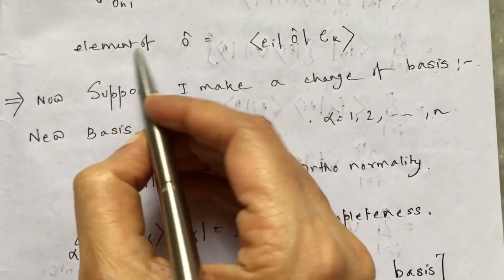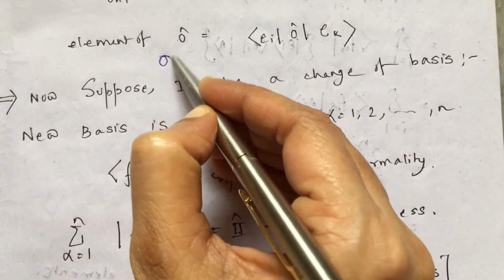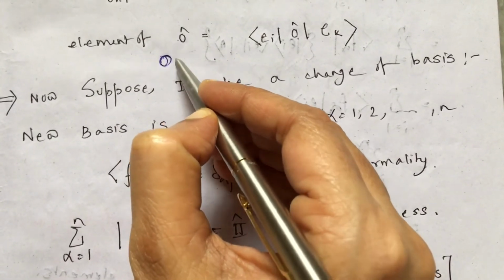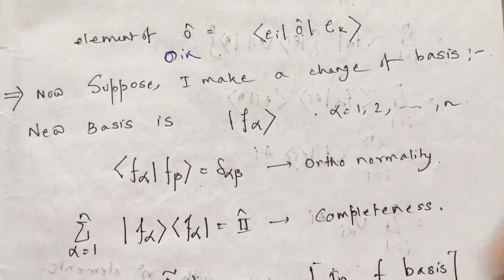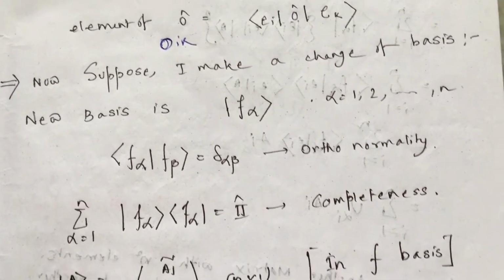This is the element O_ik, so O_ik is equal to this much. We have already used this.